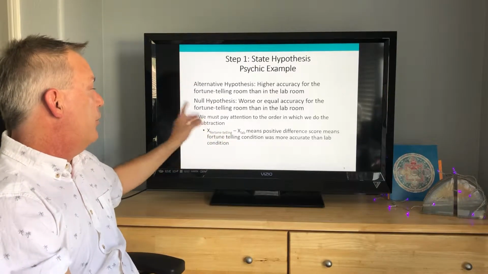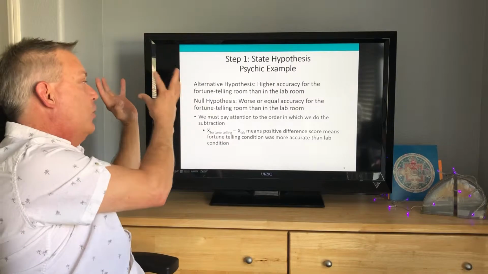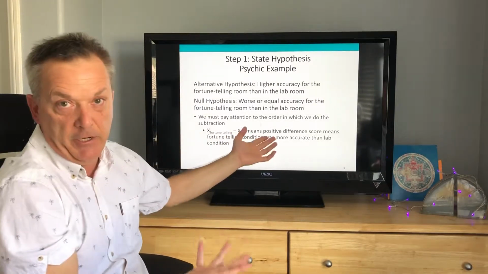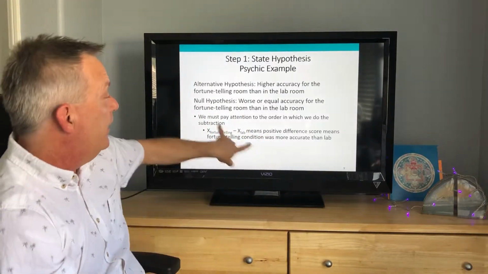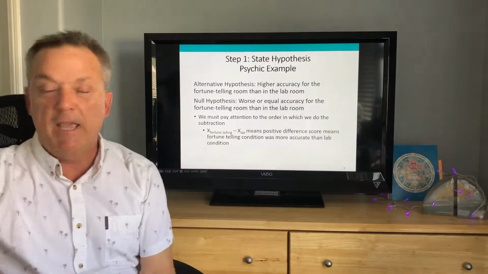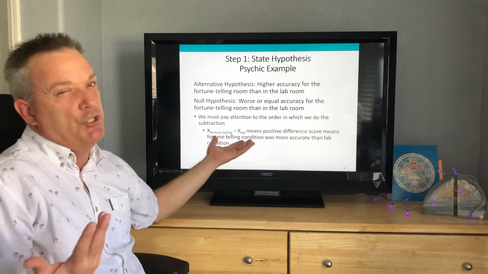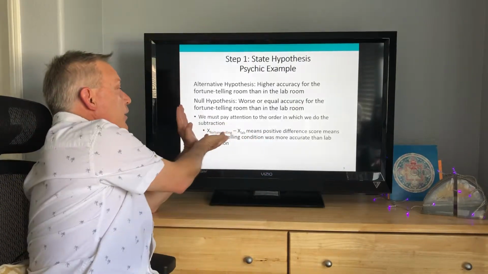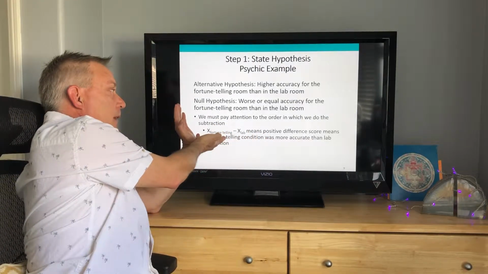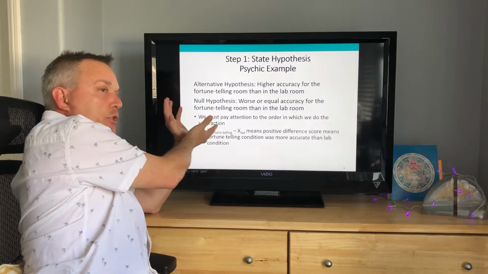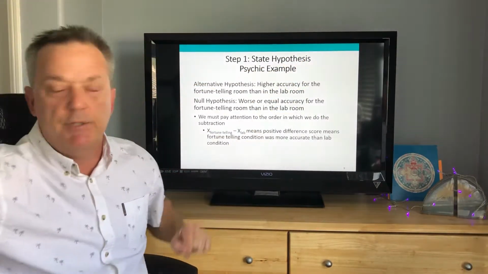That way, you're going to be subtracting the lab scores from the fortune-telling scores, and it's going to give you a positive difference score. If you flipped them around, it would give you a negative score. So you just have to pay attention. The book talks about that. And it's obvious that you'd want to put the one that you're predicting as better scores first if you're going to predict positive scores.